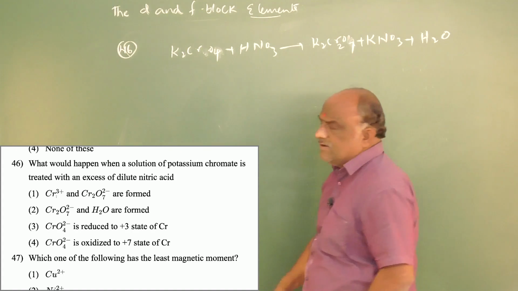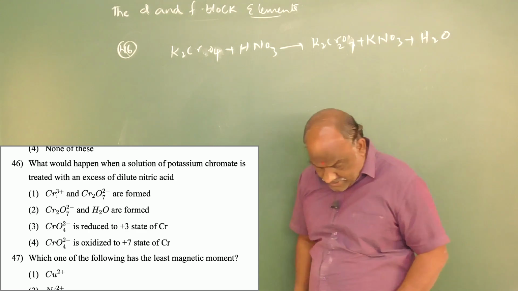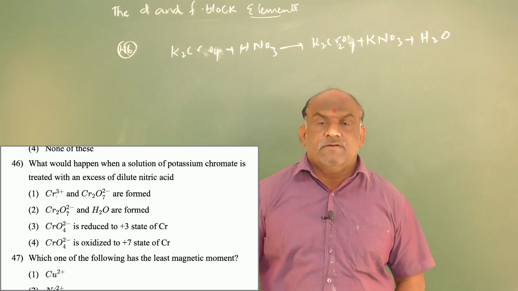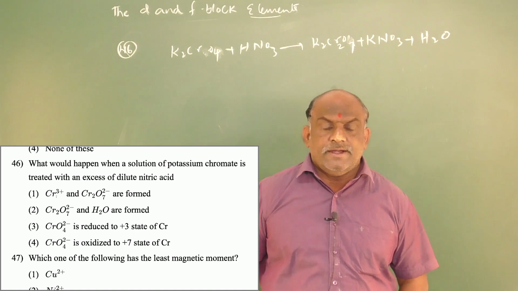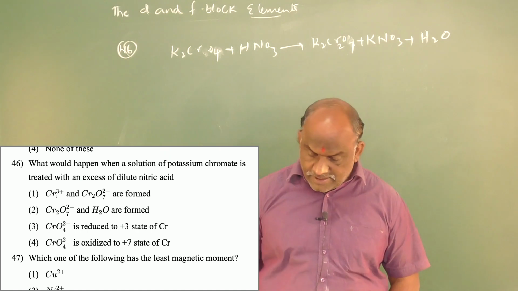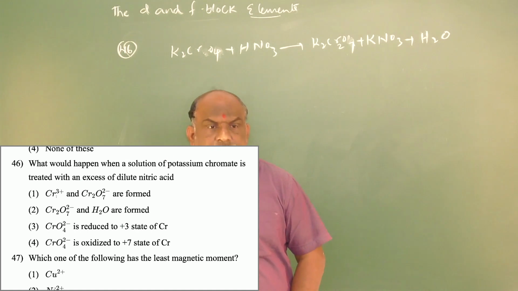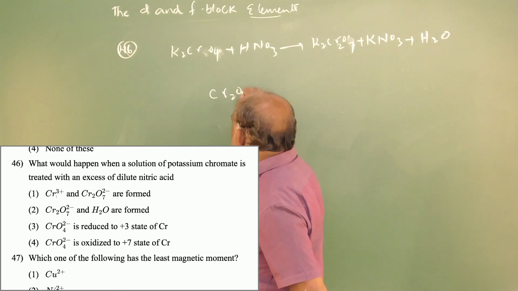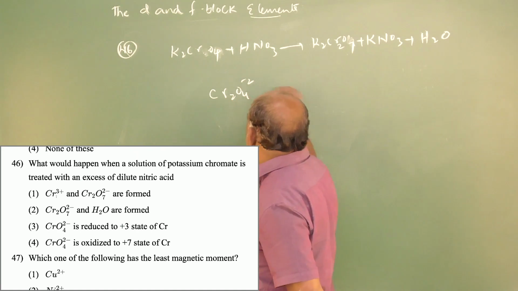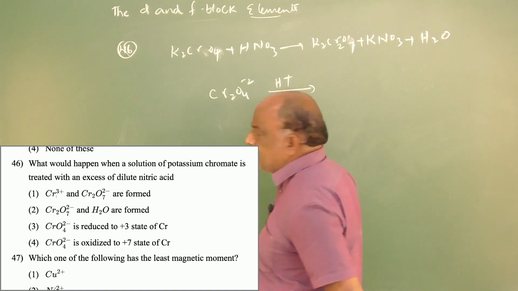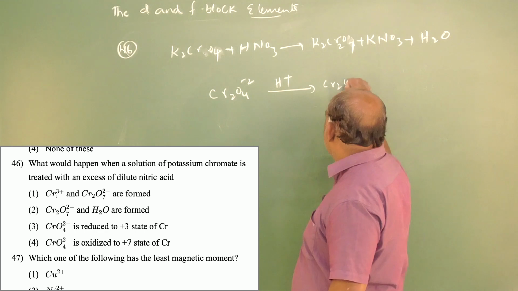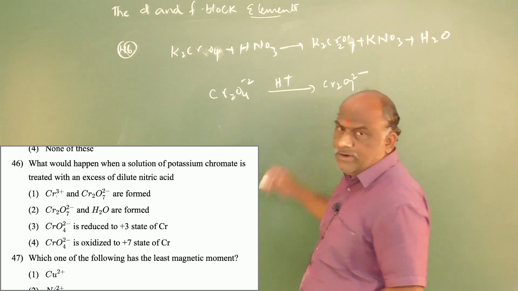K2CrO4 and K2Cr2O7: chromate and dichromate we already covered in class. Chromate and dichromate are interconvertible. On adding acid to chromate, CrO4 2- becomes Cr2O7 2-, dichromate.